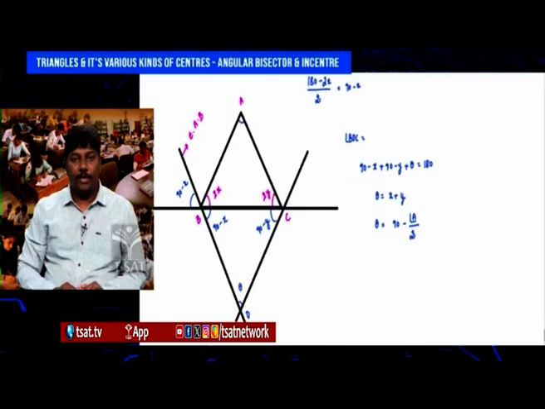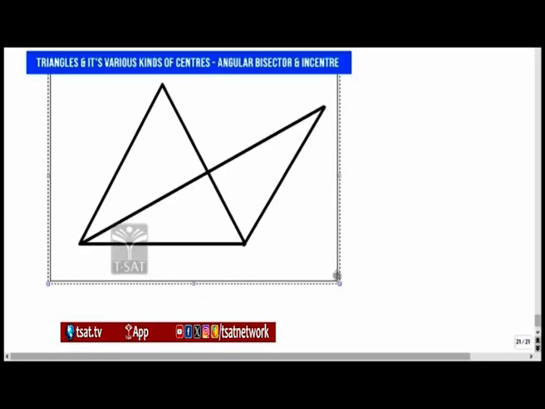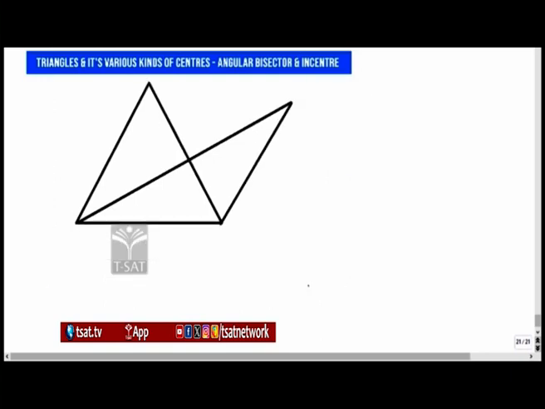Now we will take one internal bisector and one external bisector. So here in this figure, you see one internal bisector and one external bisector. This one is an internal angular bisector. This is an external angular bisector. Let's take it as triangle ABC.